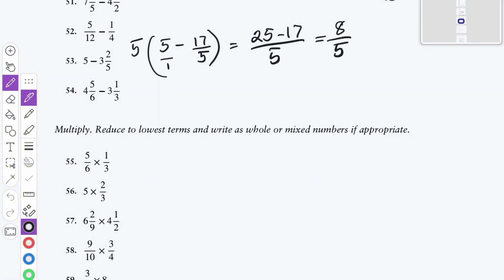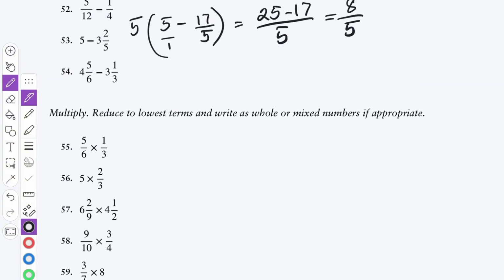Okay, multiplying fractions. So when we multiply, we just multiply straight across. So 5 times 1 over 6 times 3, which is 18. When you don't have a denominator and you just see the number by itself, you can write over 1 so that you don't get confused. So 5 times 2 is 10, and 1 times 3 is 3.